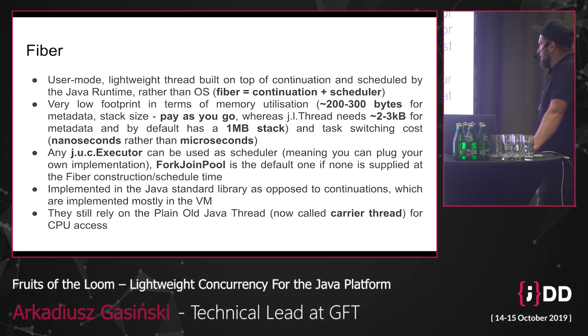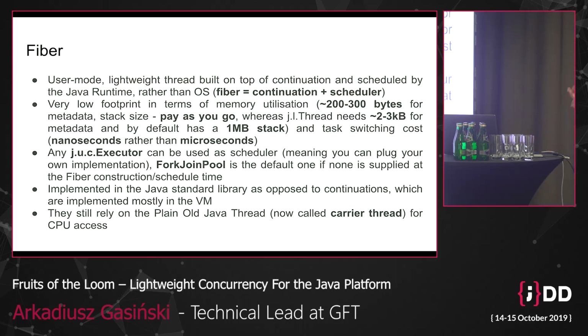And its footprint is really low, so the metadata is around a few hundred bytes, and stack is actually pay as you go. Whatever is currently inside your continuation, this is the cost of your stack. And you can use any executor implementation as its scheduler. If you don't customize the scheduler, the fork join pool will be used.